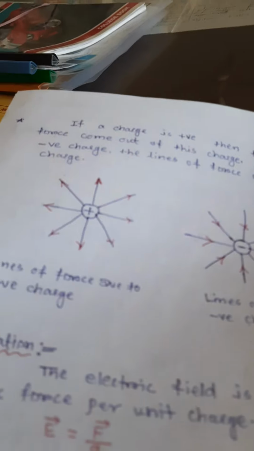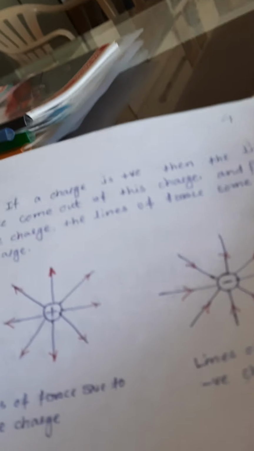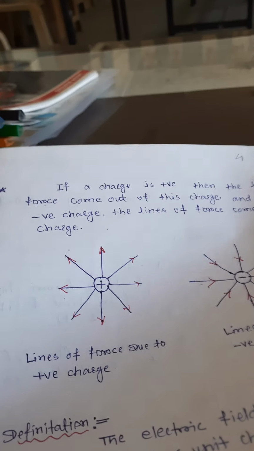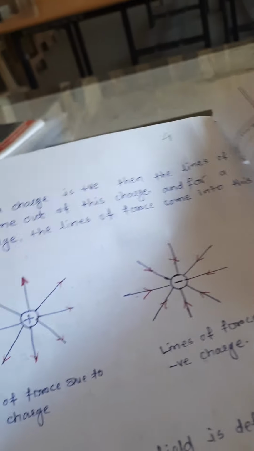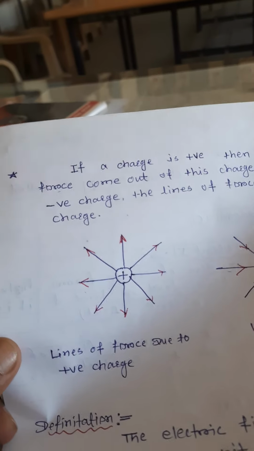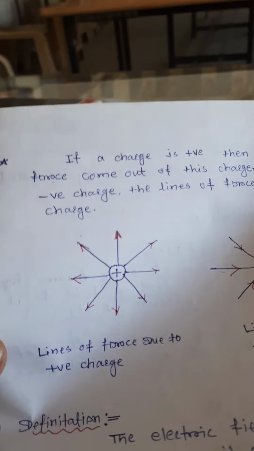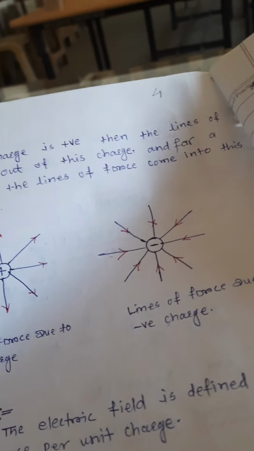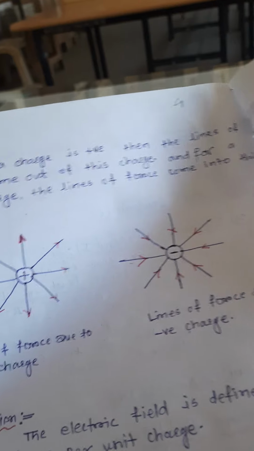Then there are two types of forces. If for a point charge the force lines are outgoing, then that force is positive, and it is the positive charge.